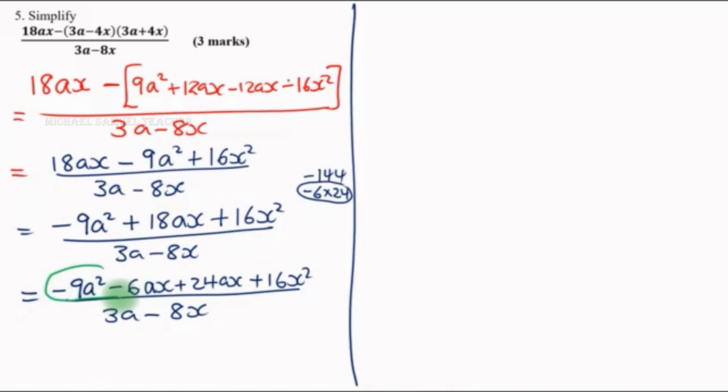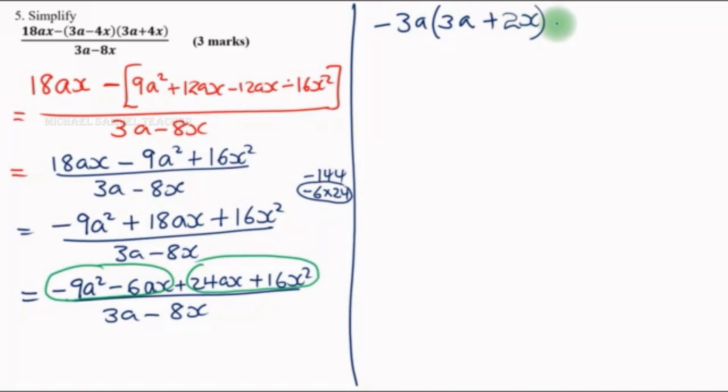So take this in pair and also the other one in pairs. So what is common here is minus 3a, factor out. Minus 9a squared divided by minus 3a, we get 3a plus, this will be minus 6ax divided by minus 3a, we get plus 2x, close the bracket.